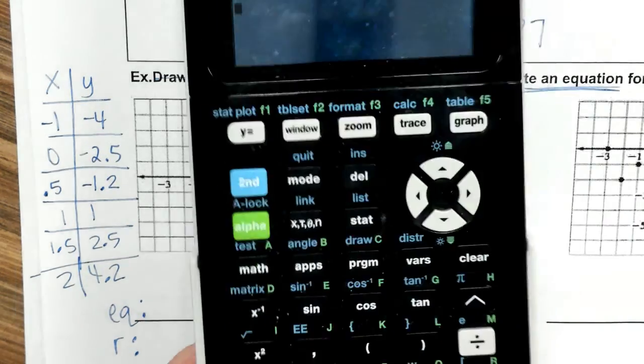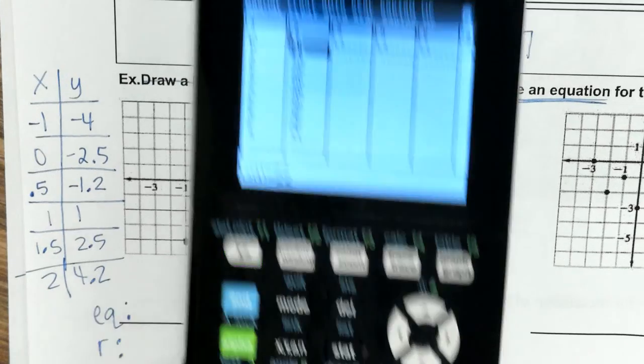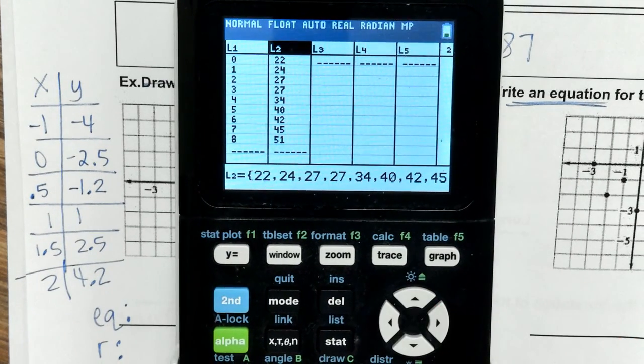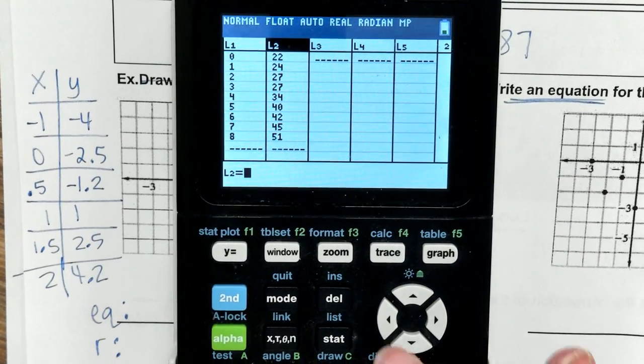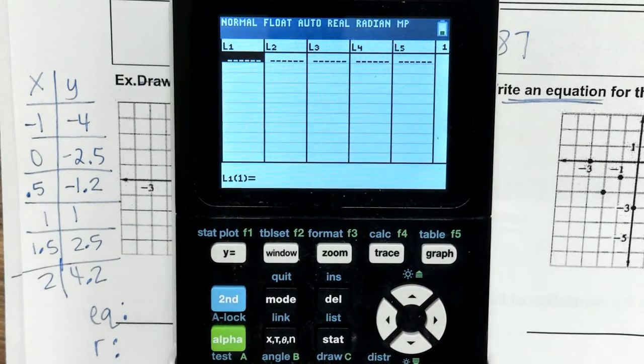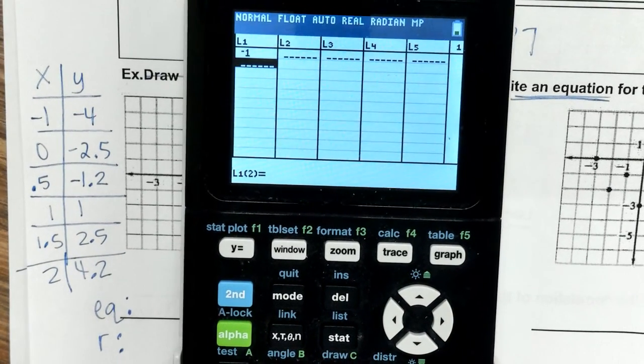So we're going to go to stat, edit. We're going to clear out our list by going up to L2. Do not hit delete, hit clear, and then hit clear on L1. And go put your numbers in.